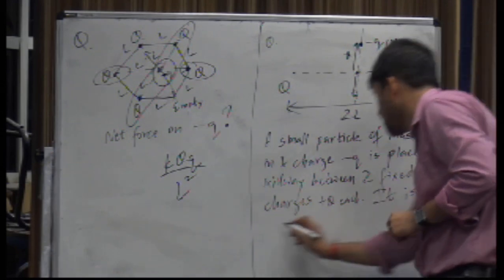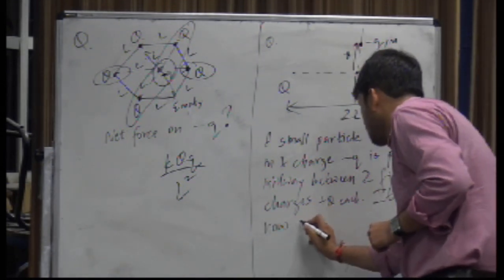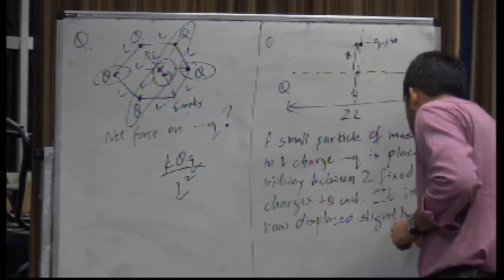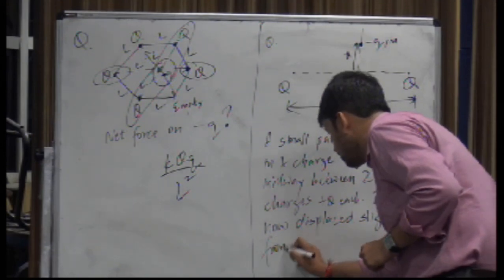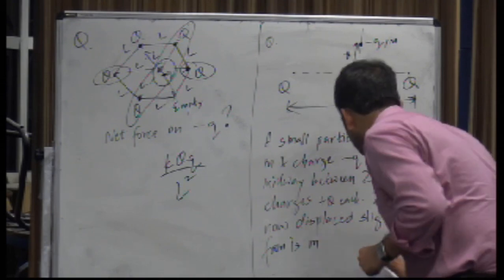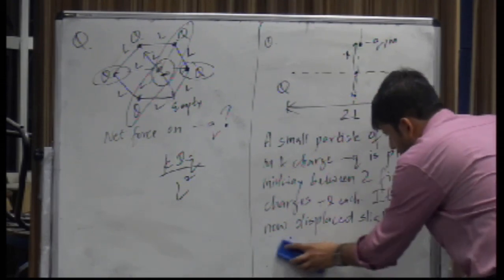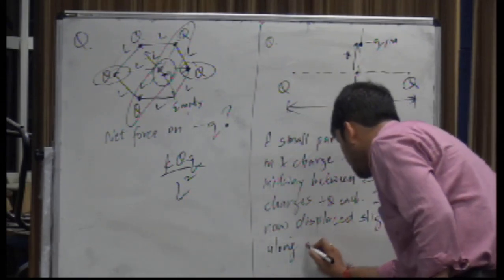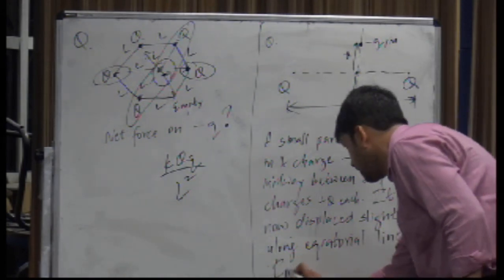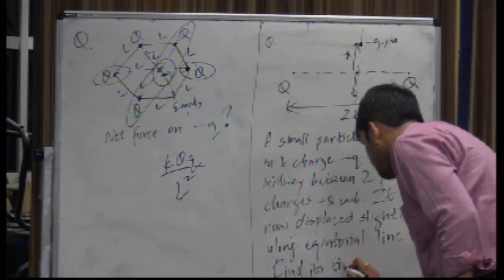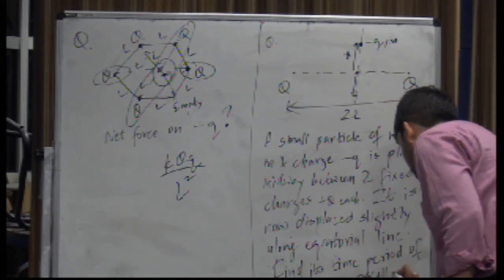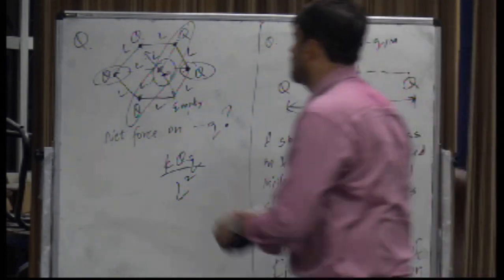It is now displaced slightly along the equatorial line. Find its time period of oscillation. So how to approach it?